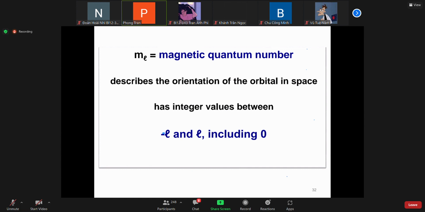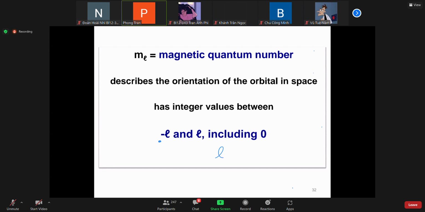ML is the magnetic quantum number, which describes the orientation of the orbital in space, and has integral values between minus L and L, including 0. For example, if you have L equal to 1, that means a p orbital, so you will have ML equal to minus 1, 0, and 1.